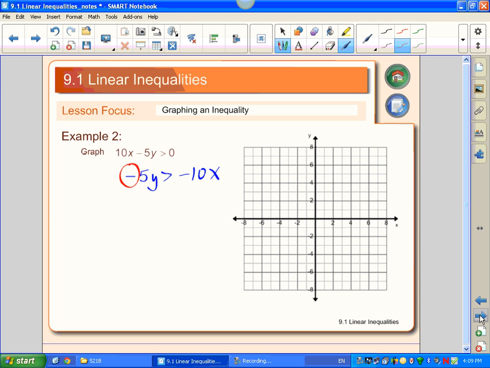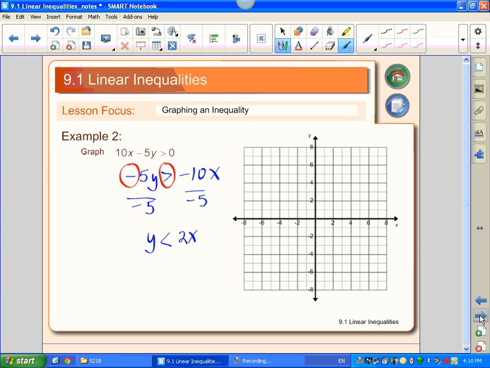And I'm going to divide every term by -5. But that is going to affect my inequality statement. So we know that now y is going to be less than 2x. We've learned that in grade 9. When I'm dividing or multiplying by a negative, the inequality switches.